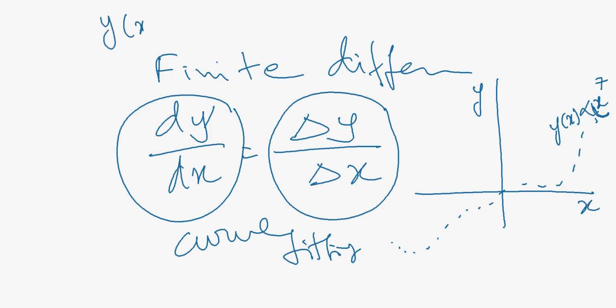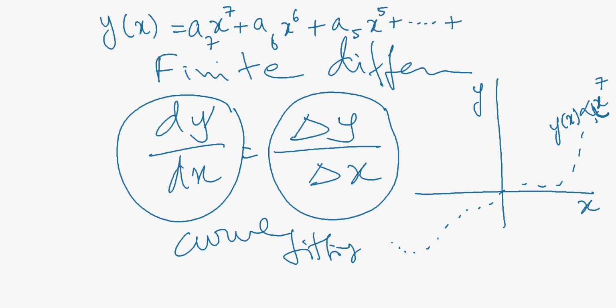So y as a function of x can be written with x power 7 as the highest term, which will have its own coefficient a7. All the lower orders may or may not appear, but it is still possible, so we write it in a generic form. It will go down to a2 x square plus a1 x plus a0 x power 0 actually. This is the final term, and it will be our y-intercept.